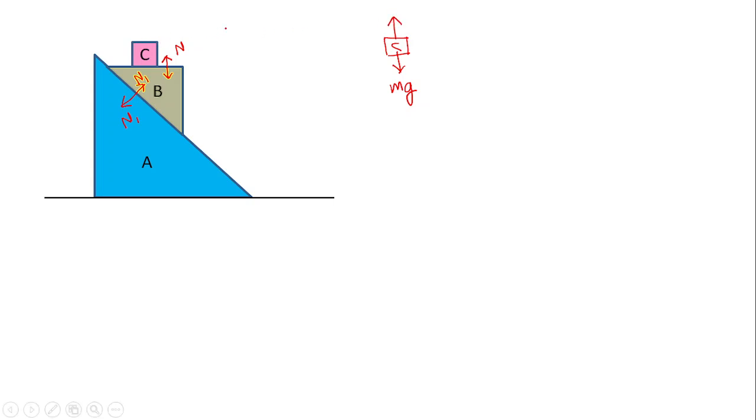N. And in the previous slide we have already seen its acceleration is what? 2a downwards. That means what we can say? mg minus N equals m times 2a, first equation.